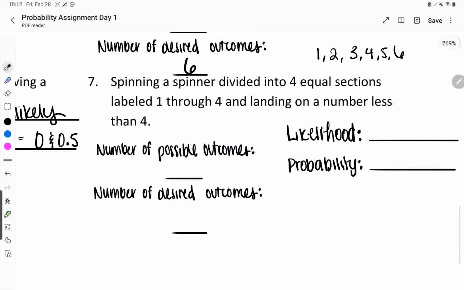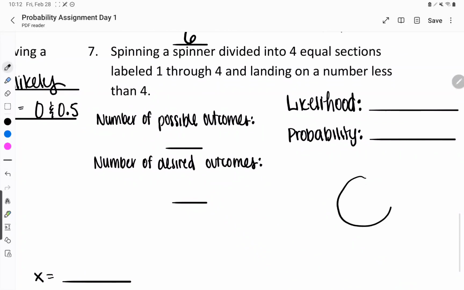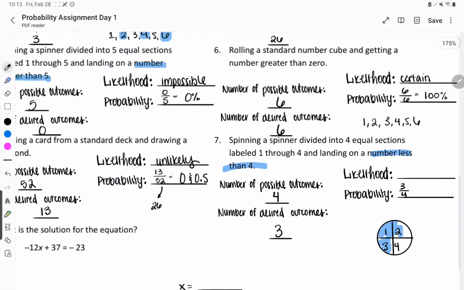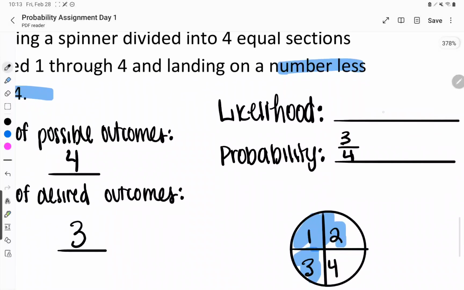The next one says, spinning a spinner divided into 4 equal sections labeled 1 through 4 and landing on a number that is less than 4. So this is what that looks like. 1, 2, 3, 4. And imagine those are all equal slices because I did a bad job. How many total possible outcomes do we have? 4. How many numbers are less than 4? 3 of them. You got 1, 2, and 3. So the probability of that happening is 3 out of 4, which is going to be what probability?